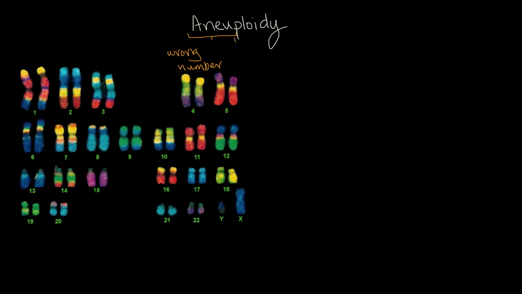And anything with ploid in it, or P-L-O-I-D, this means chromosome. So really aneuploidy is just the wrong number of chromosomes. And this can mean either too many chromosomes, or not enough.